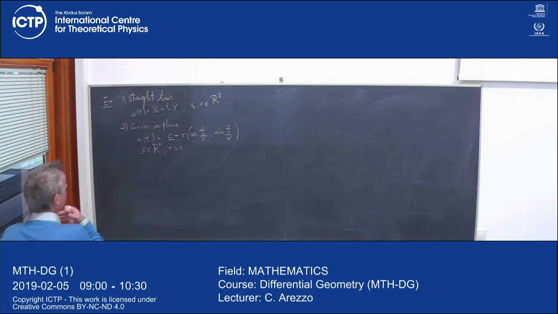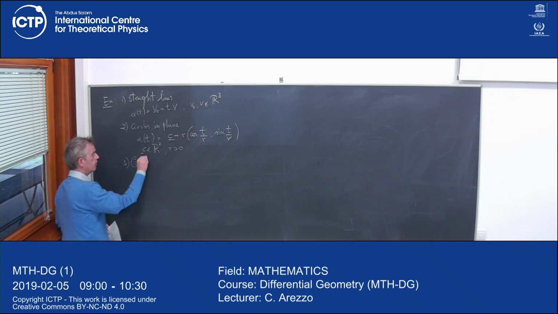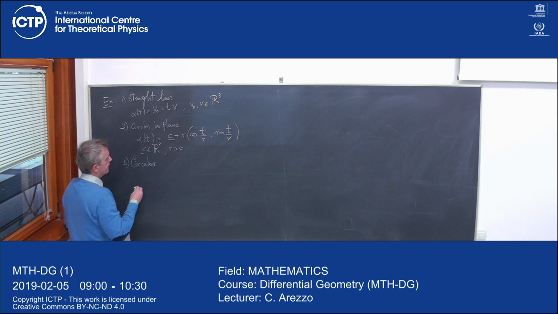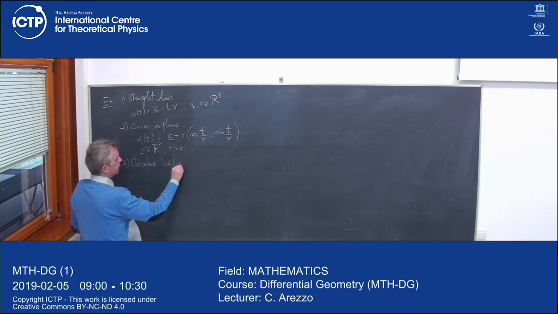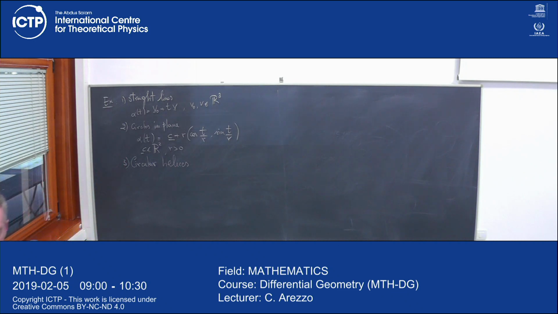Okay, cousin of, I mean, just to have one other example in your mind, circle, and also to move a little bit, I mean, these are all planar curves, so let's have something that invades a little bit more the space.